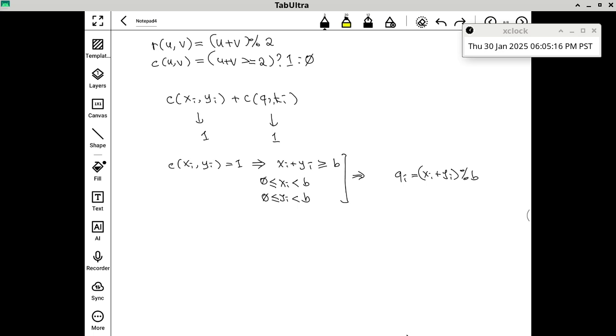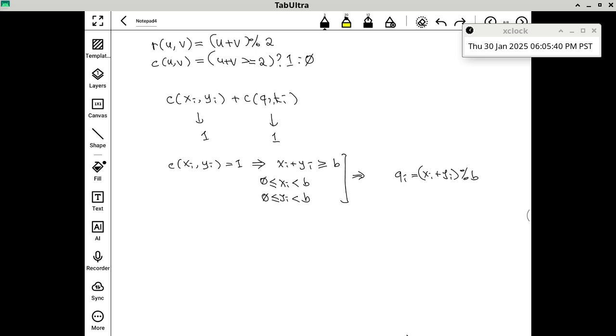Okay, so now you look at this and go like, let's see. The most x of i can be is b minus 1. The most y of i can be is also just b minus 1. So now you have b minus 1, the whole thing times 2, and then you have to mod it again with b. So how bad can it be?